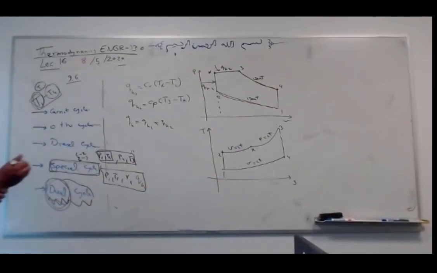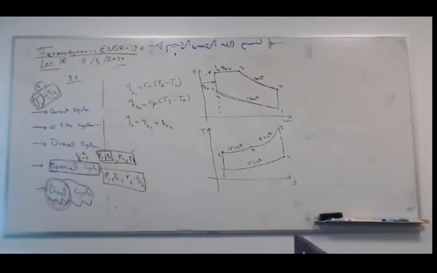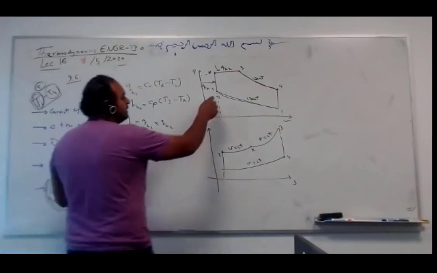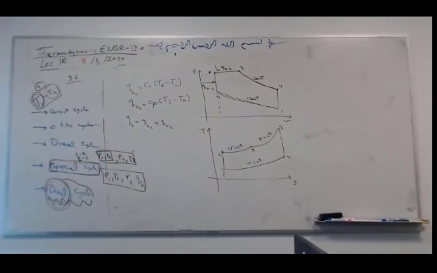Do you know, guys, why we do that? We wish to go vertically from 2 to 3, but why do we do that? Some materials cannot sustain high pressure.